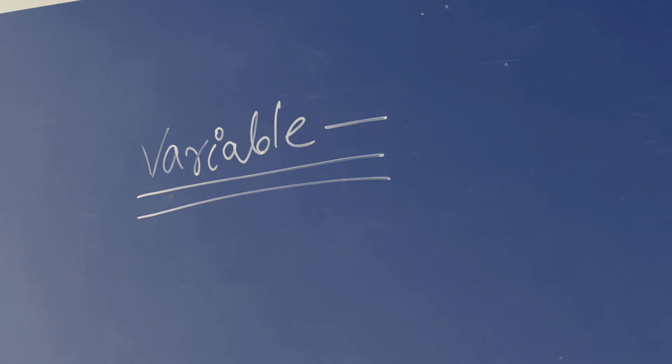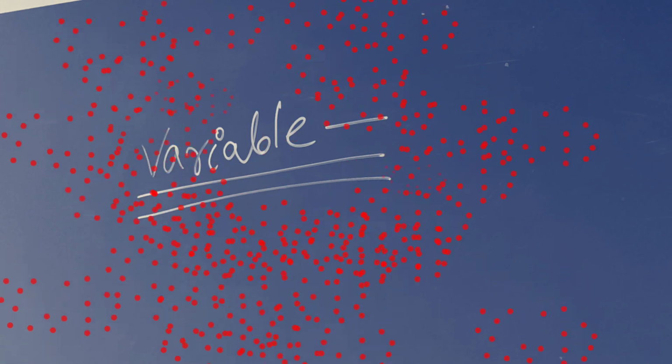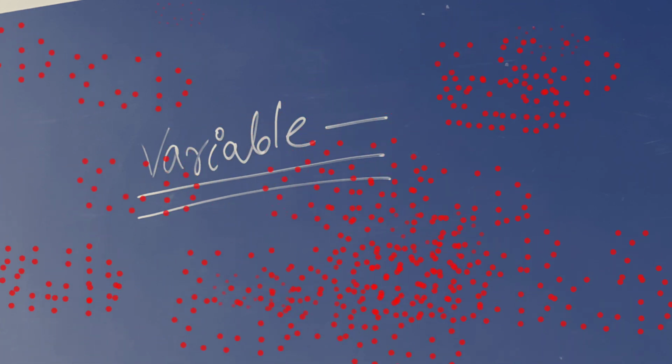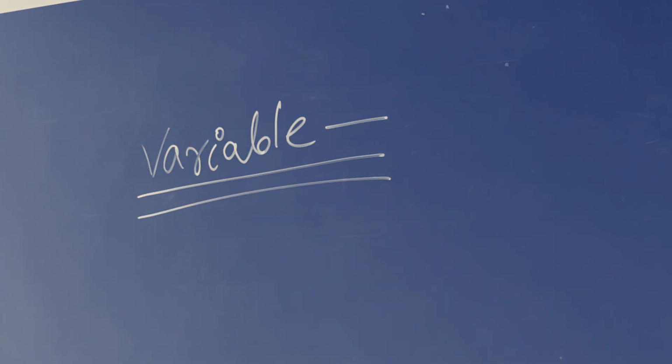Now, what is variable? Variable is nothing but just a symbol which can take all real values. Generally, we use alphabets such as X, Y, Z, etc. or alpha, beta, gamma. These letters are used as variables. In mathematics, a variable can take all real values.